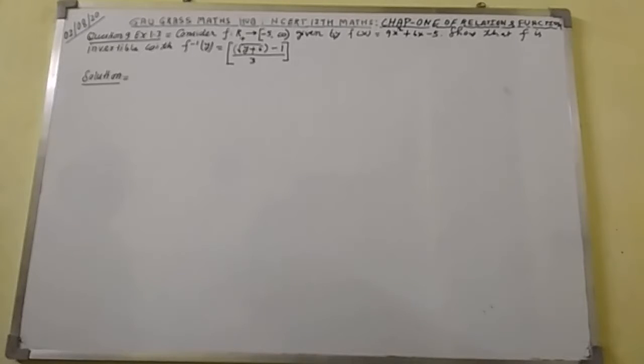Consider f from R+ to the closed interval [-5, infinity) given by f(x) = 9x² + 6x - 5. Show that f is invertible with f inverse of y equal to (√(y + 6) - 1) over 3.